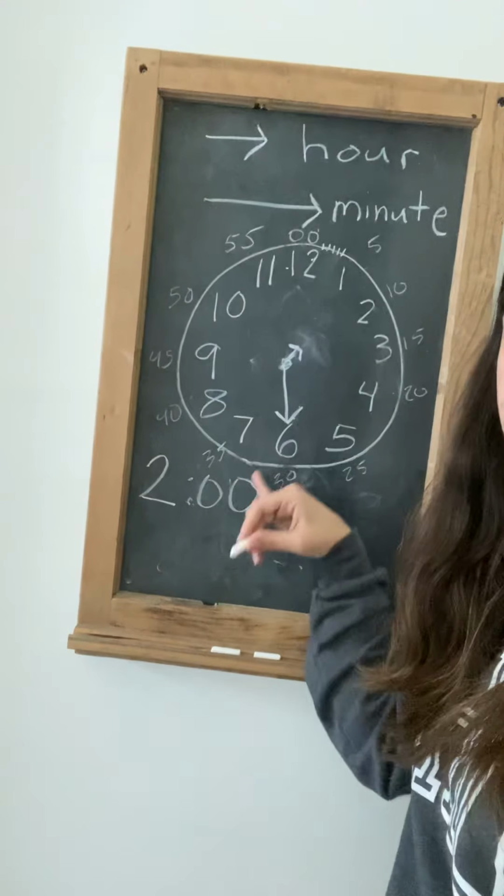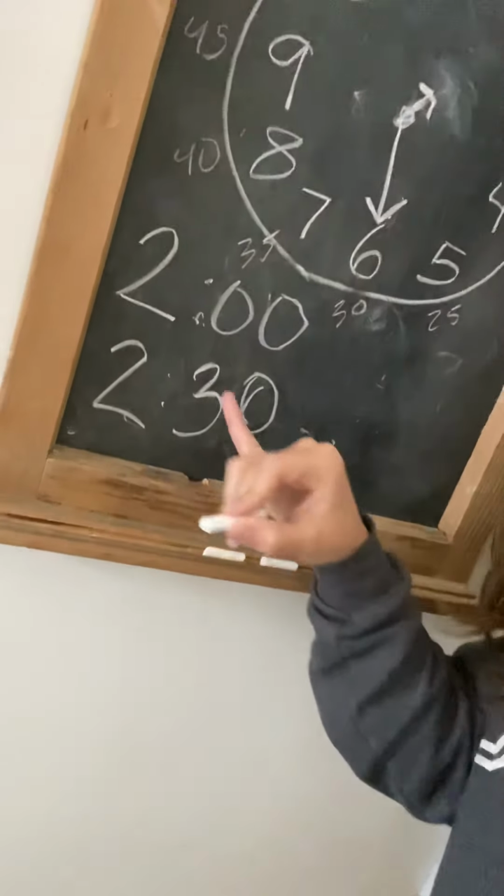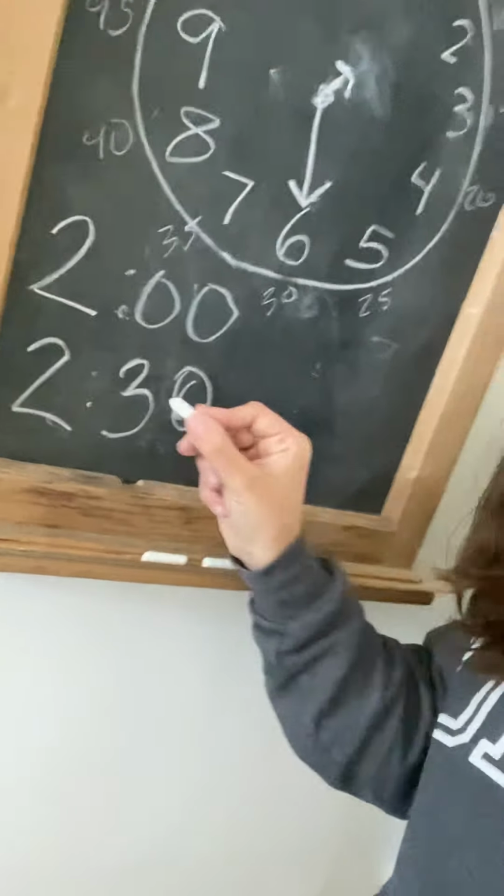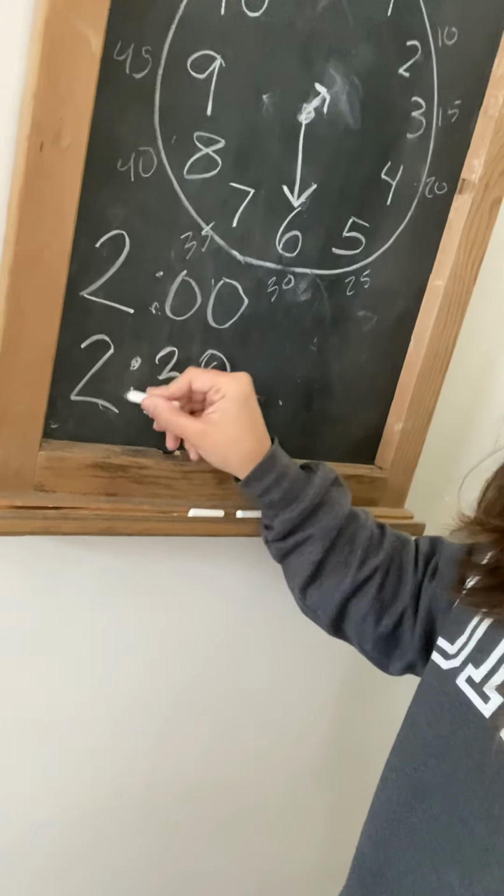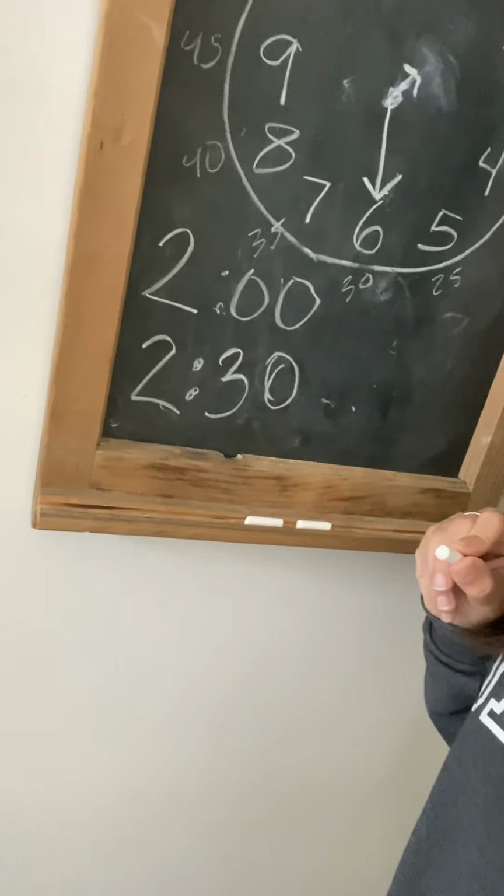And how many minutes is the 6? 30. So we would write 2:30. 2:30. And then we always have our colon, is what those are called, in the middle.